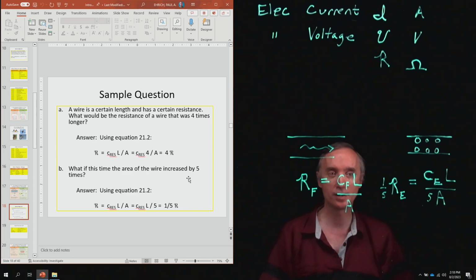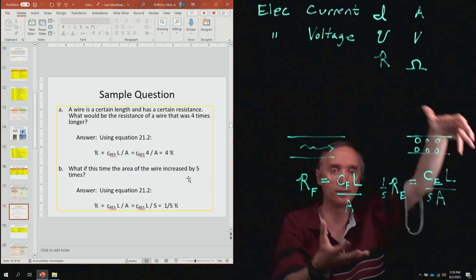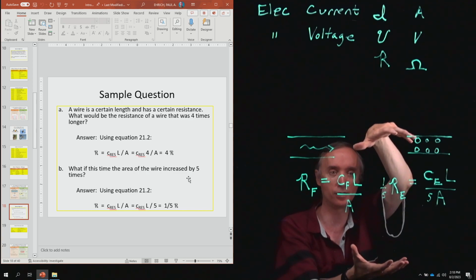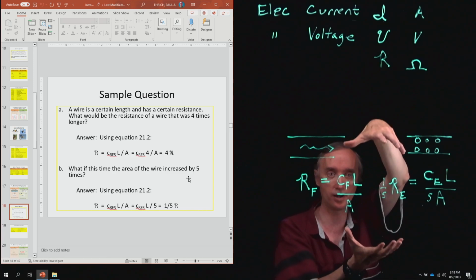Now this makes a certain amount of sense, because think about water that's flowing through a garden hose and then water that's flowing through a big sewer pipe that's about this big in diameter. Which one is easier for the water to flow through? It would be the one that has the larger area.